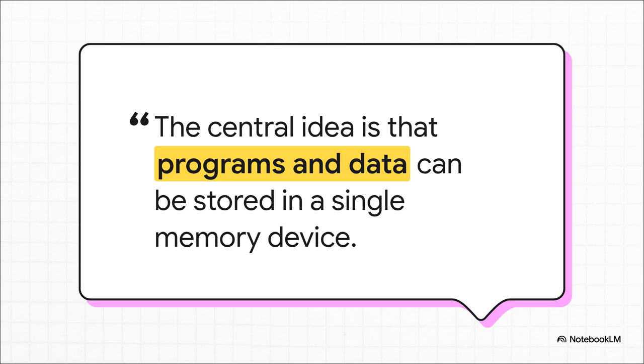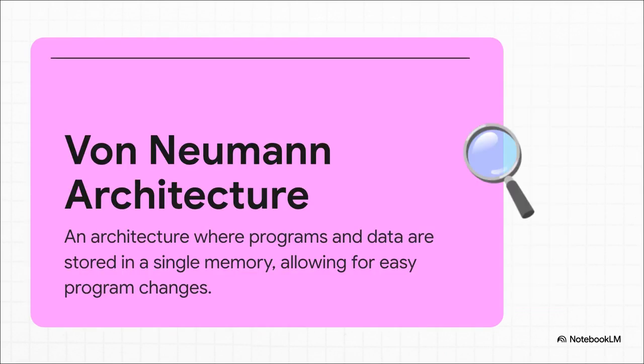He basically said, hey, what if the instructions, the program, could be stored in the exact same memory as the data it's working on? This one idea meant you could change what a computer does just by changing its software, not by yanking out and plugging in wires. This was the moment. This is when hardware and software were split apart forever.